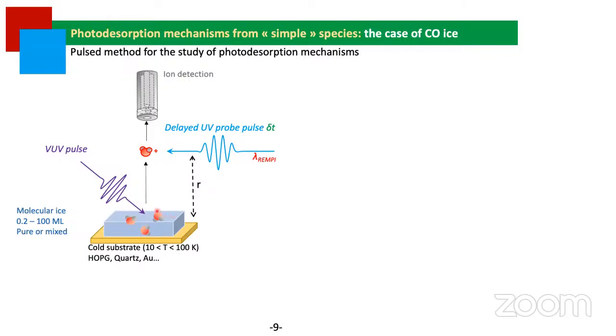This pulse will trigger the desorption of the molecule. And the molecule will be ionized resonantly by a multiphoton process, called the REMPI process, by a time-delayed UV pulse, from which we can control as well the energy, and we can as well control the time delay. And once the molecule is ionized, we can easily detect the ion with a detector.